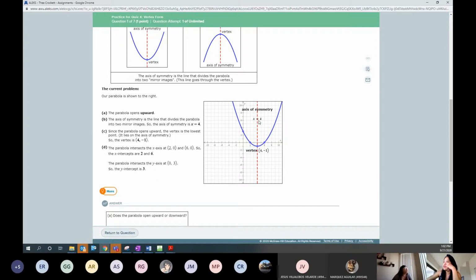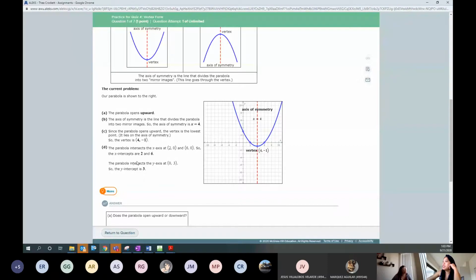So x is equal to 4. That's for letter B. For letter C, since the parabola opens upward, the vertex is at the lowest point. So this is your vertex, and it's at (4, -1).